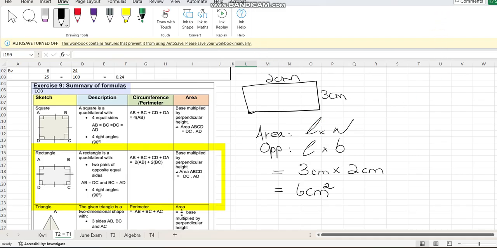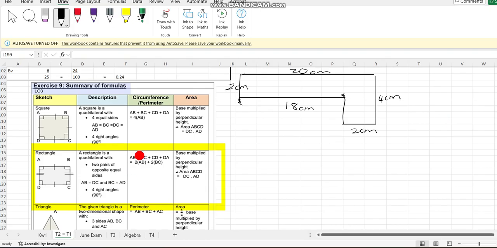But okay, so if they give me a shape like this and they say, listen, you need to go and work out the area, the oppervlak. So it will still be length times width, or as in Afrikaans, lengte maal breedte. But this is now something different because you will now need to change these.